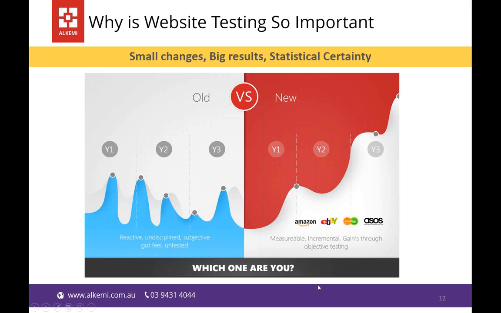We see a lot of situations at Alkemi where we speak to website owners who, just on a whim, tear down a whole website and throw up a new one in the hopes that it's better. I mean, if you want to picture yourself as the head of an organisation like Amazon, for instance, would you have the courage to stand up, tear down the Amazon website and rebuild it just on a whim?